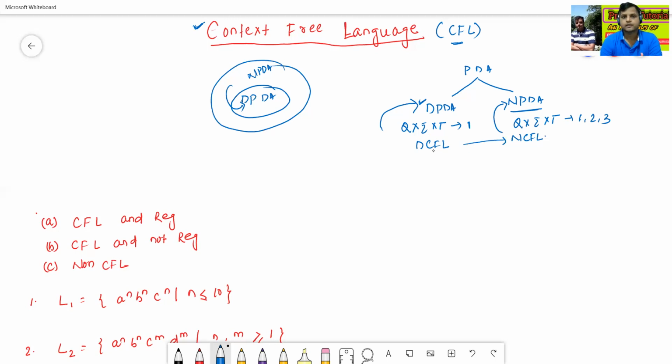Next, now we will identify the context-free language. How to identify the context-free language? We have already discussed the regular language, meaning how to identify whether a language is regular or not.